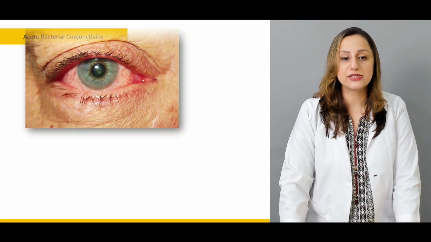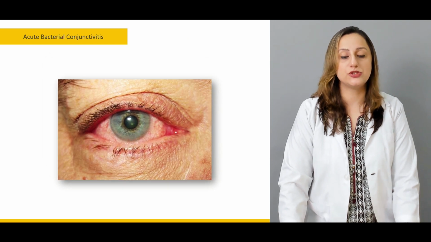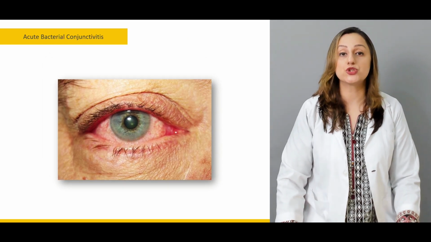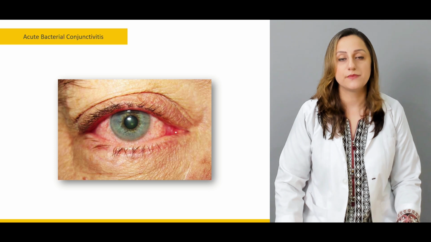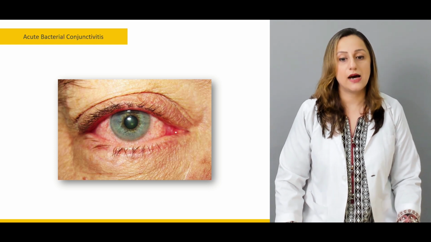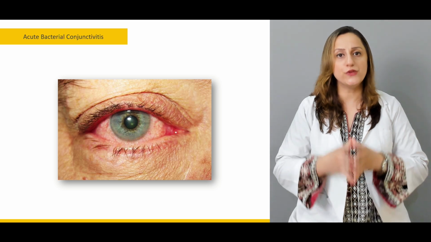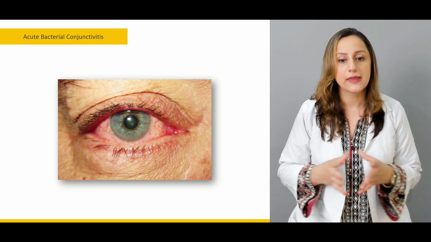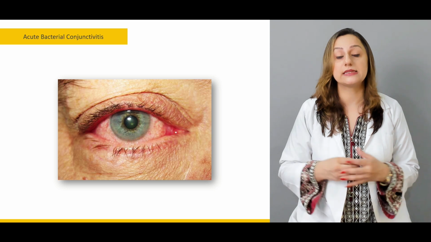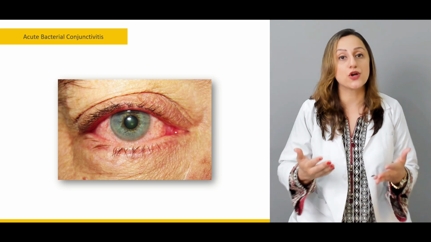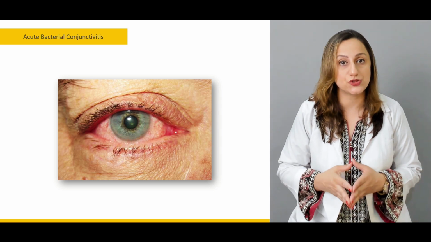Discussing acute bacterial conjunctivitis, you should know that it's basically the most common cause of bacterial conjunctivitis. It usually takes 2 to 3 weeks to fully develop if it's untreated, and it can be the cause of a lot of complications if it's left untreated.